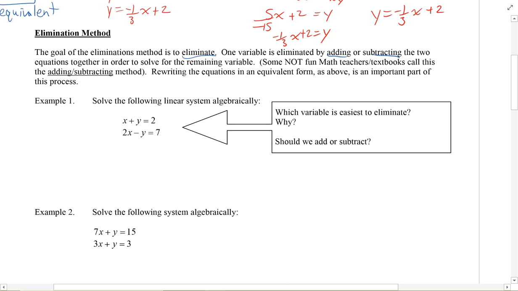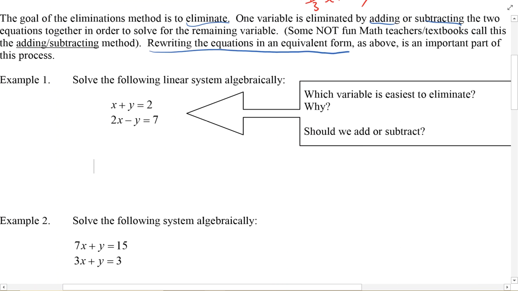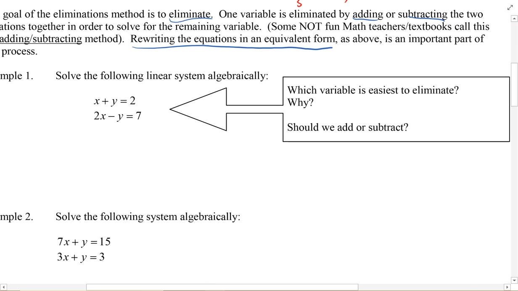So we're going to rewrite using an equivalent form. Here we have x and y. What we have to do is get that we can eliminate right now, right? Which variable could we eliminate? We could eliminate the y. Why?